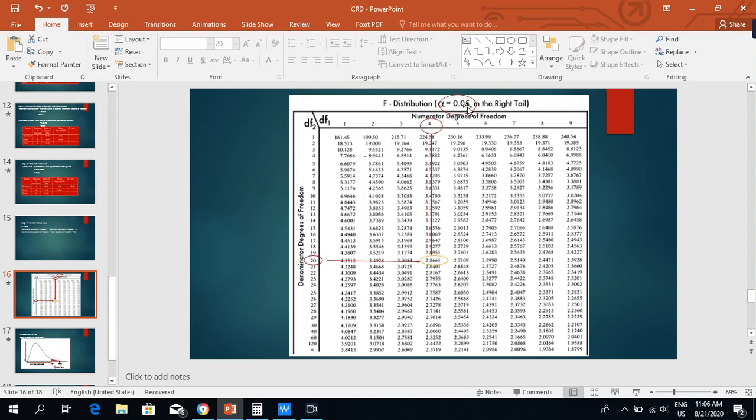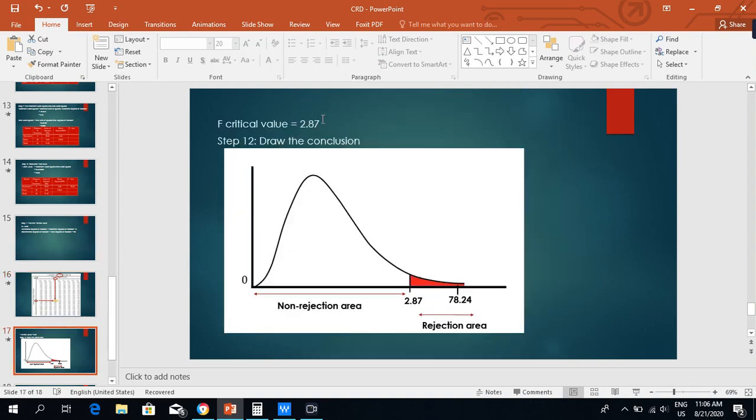Here our alpha value is 0.05, and our F distribution also has 0.05 alpha value, and our numerator degrees of freedom is 4 and our denominator degrees of freedom is 20, and our critical value is 2.8661. So our critical value is 2.87.